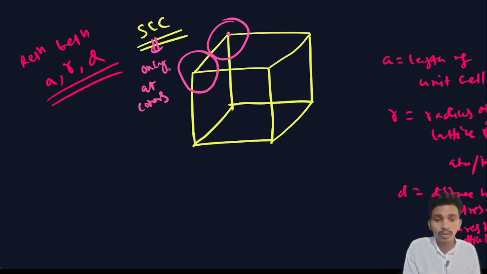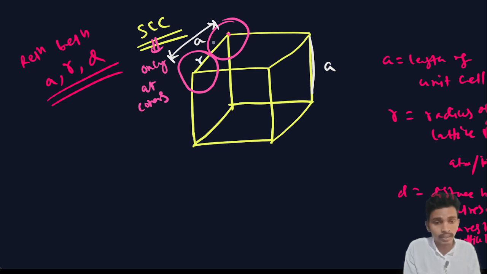Now we will calculate the relationship between A, R and D. What we see is that this length everywhere is A. And D is the distance between the centers of the nearest lattice points.